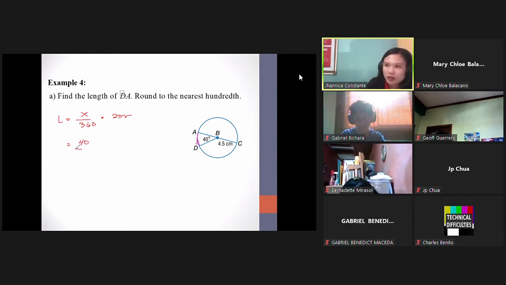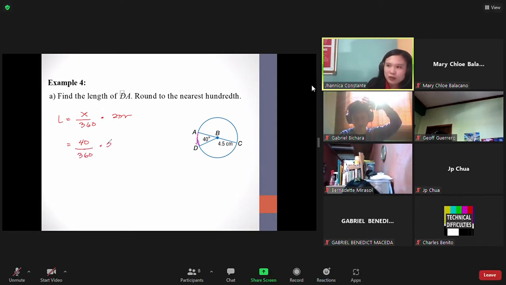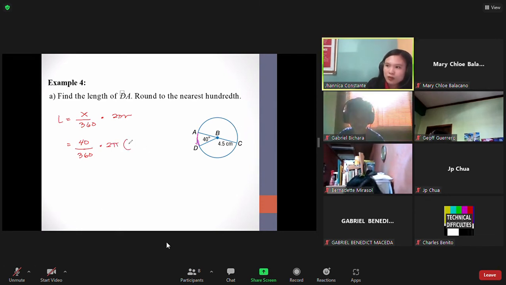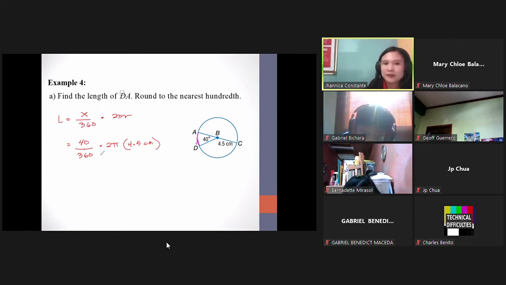So 40 degrees divided by 360 times 2 pi, and the radius, which is 4.5 centimeter. So we have a circle that has a central angle of 40 degrees and a radius of 4.5 centimeter. And we're going to solve for the length of the arc AD or DA in our circle.